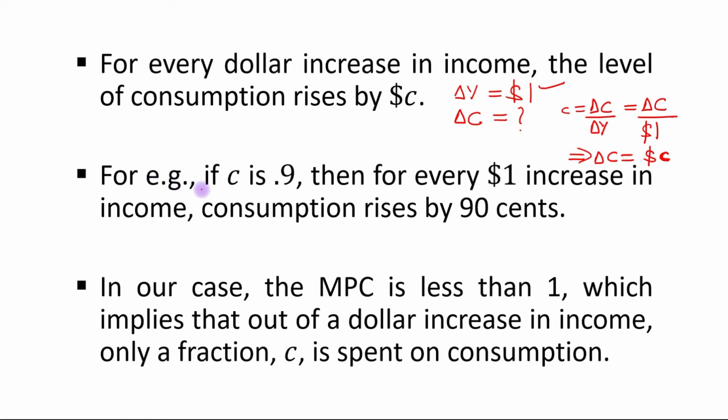For example, if MPC is 0.9, then for every $1 increase in income, consumption rises by 90 cents. So if I am taking this MPC as 0.9 and change in Y equal to $1, then how much will be the change in consumption?